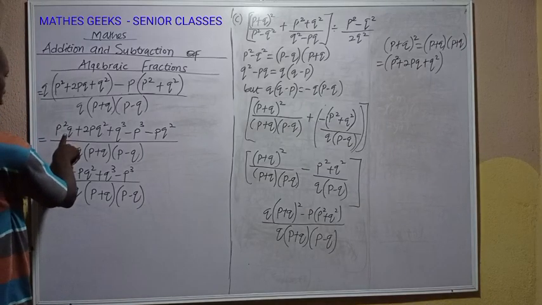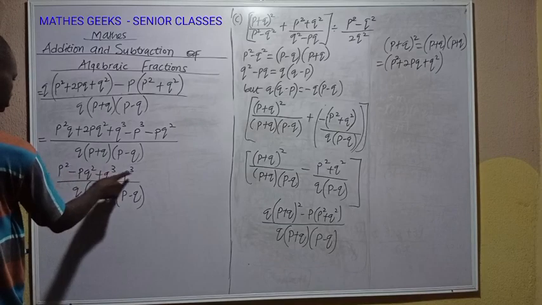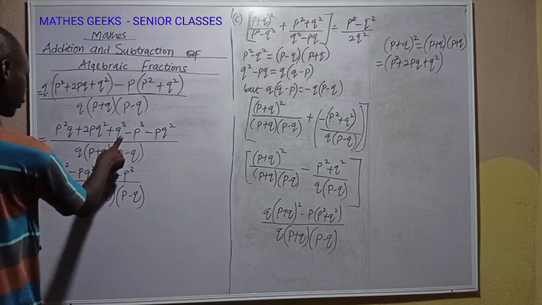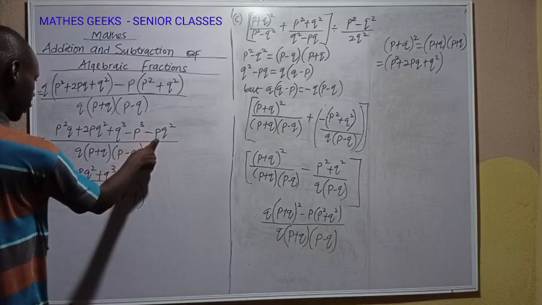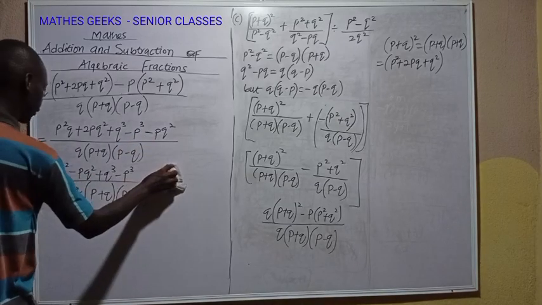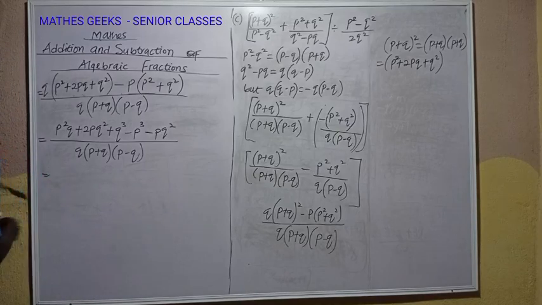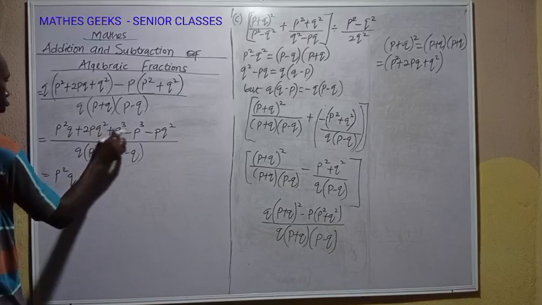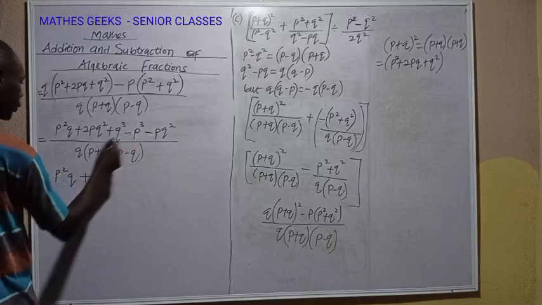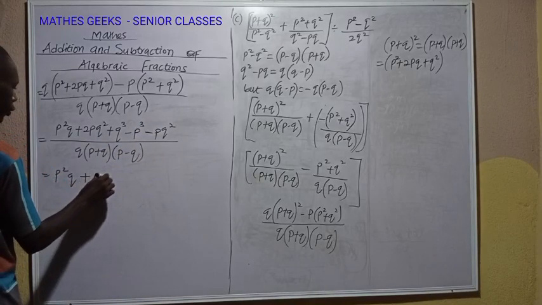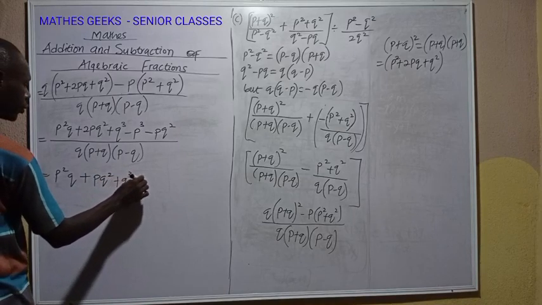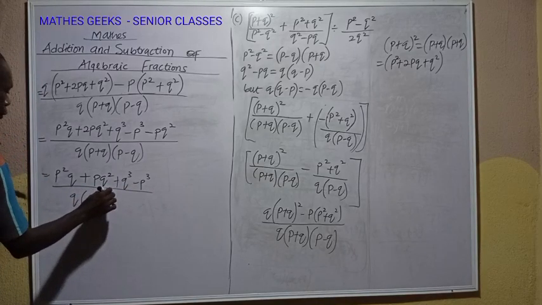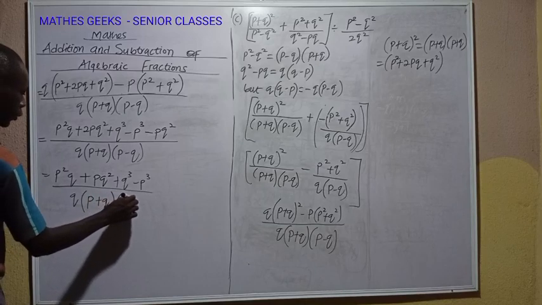So p squared q plus 2pq squared minus pq squared should give us pq squared plus q raised to power 3 minus p raised to power 3, over q(p plus q) and (p minus q).